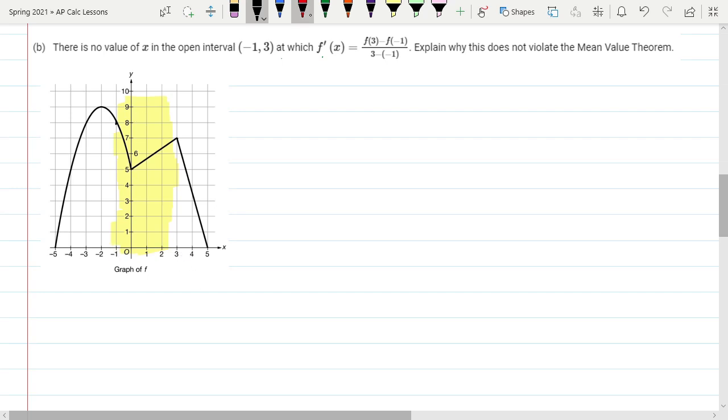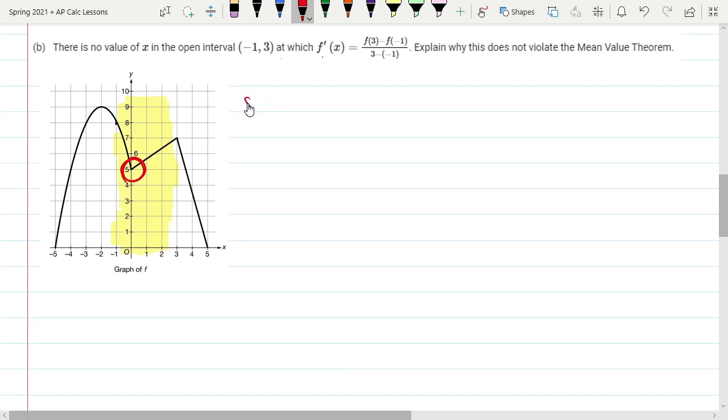And if you notice again right here, at x equals 0, we do have a corner point or a cusp. And if you recall, a corner point or a cusp is a location where we know that the function is not differentiable.